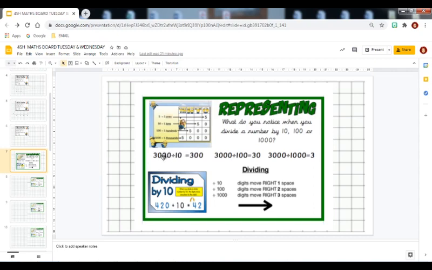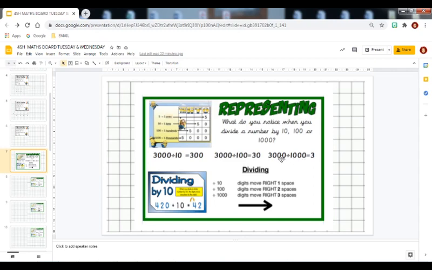So on this occasion, 3,000 divided by 10, we've taken a zero off the end of 3,000, which has then made that 10 times smaller. 3,000 divided by 100, 100 has got 2 zeros, and we've taken 2 zeros out of the 3,000, and we're left with 30.